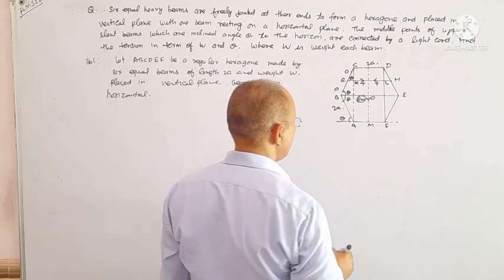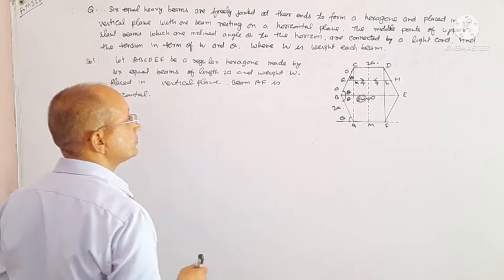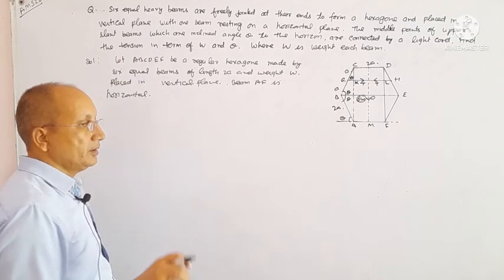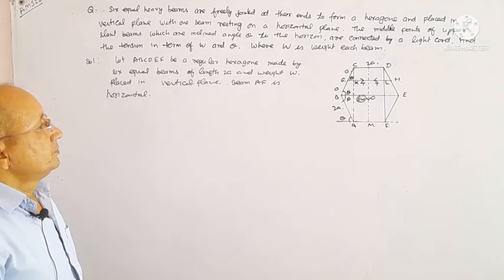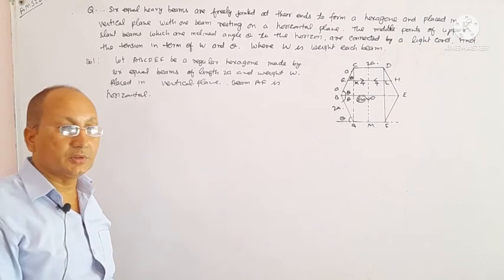Choose the length of each rod or each beam. We find out GH because GH is a cord.